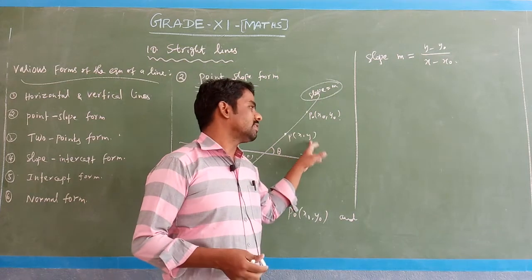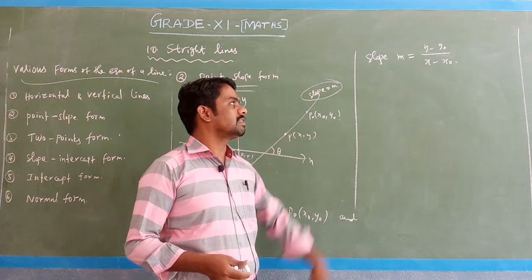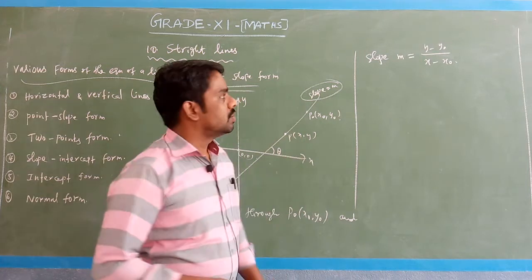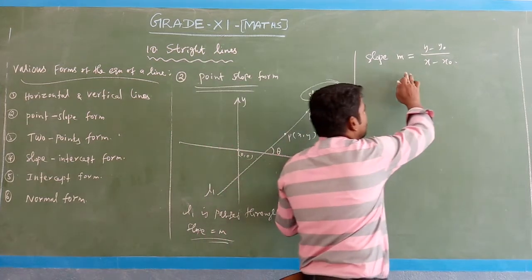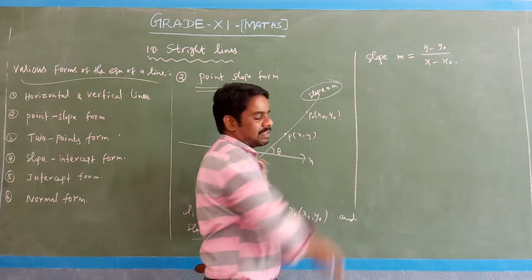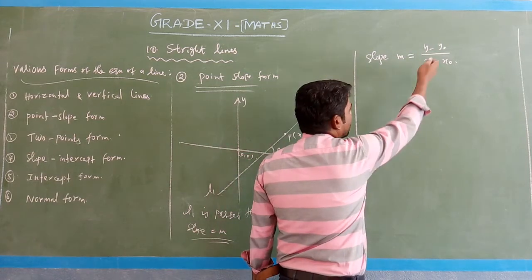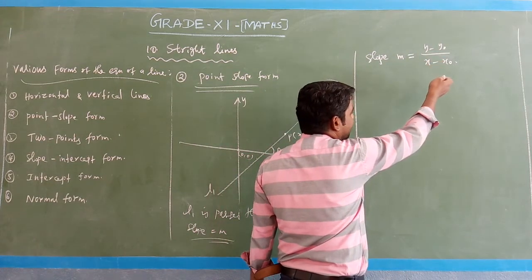Here x comma y is x2 y2 and x0 comma y0 is x1 y1. So the slope m is equal to y minus y0 divided by x minus x0.